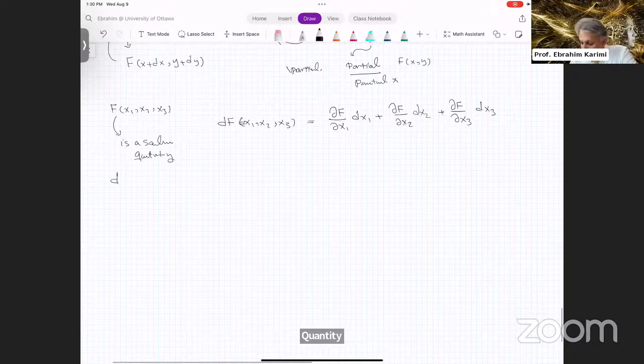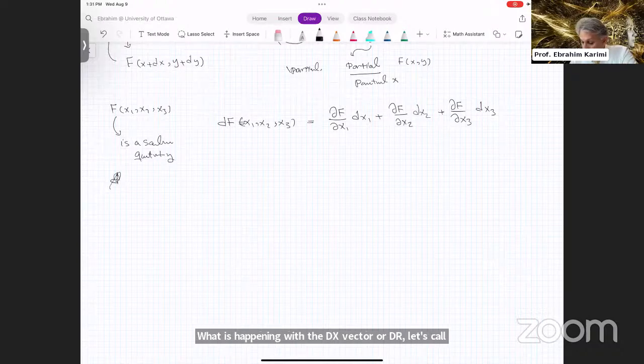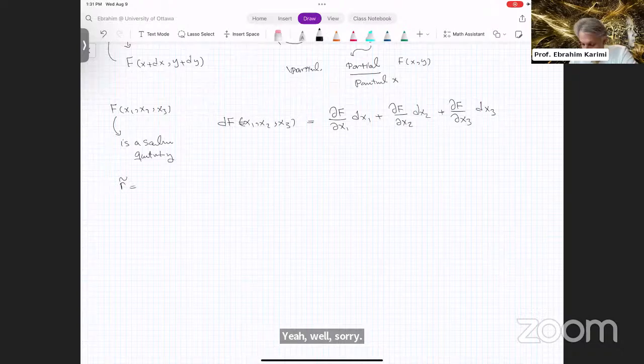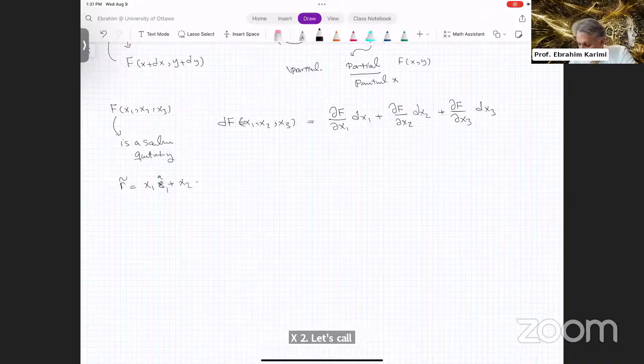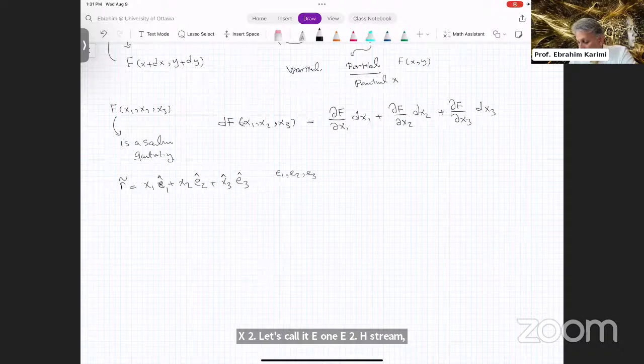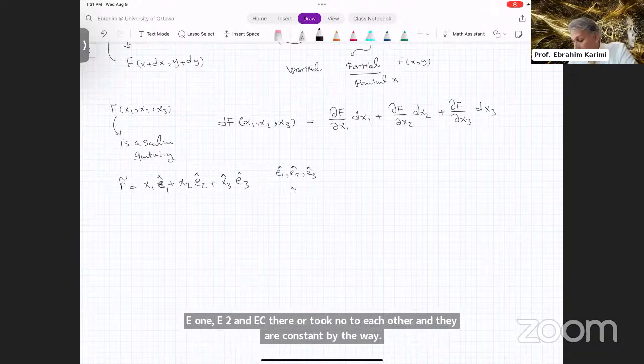What is happening with the dx vector, or dr, let's call it in this way? The coordinates, if you remember, we defined as x1 e1, x2 e2, x3 e3. Assuming that e1, e2, and e3 are orthogonal to each other, and they are constant, by the way, assuming that these are in Euclidean space.